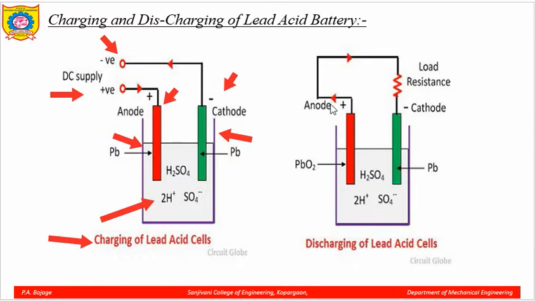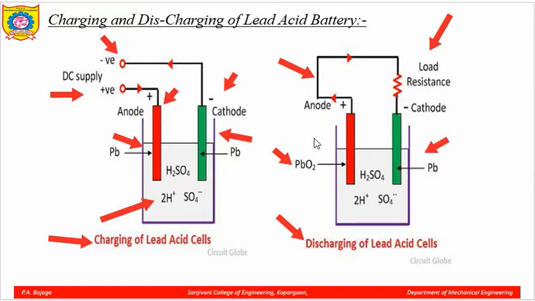Similarly, if the positive and negative terminals are attached to a load or a resistance, the circuit gets completed and this lead gets converted into PbO2, that is the lead peroxide. This is the process of discharging of a lead acid battery.